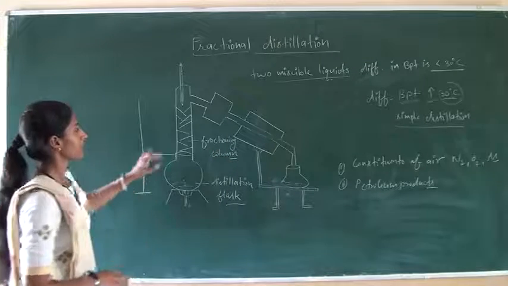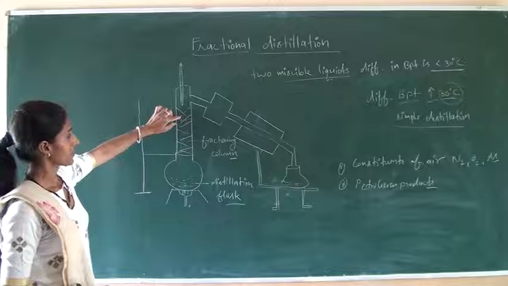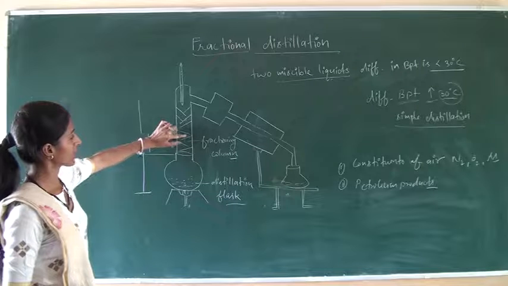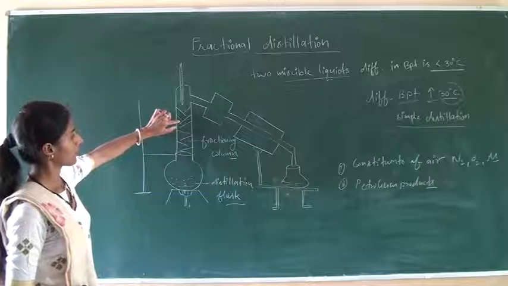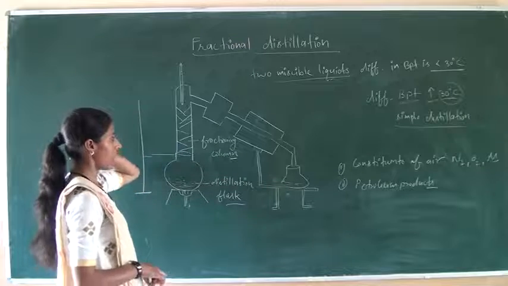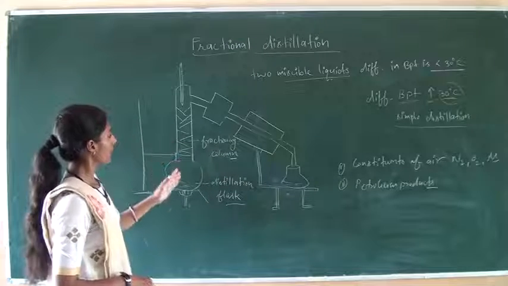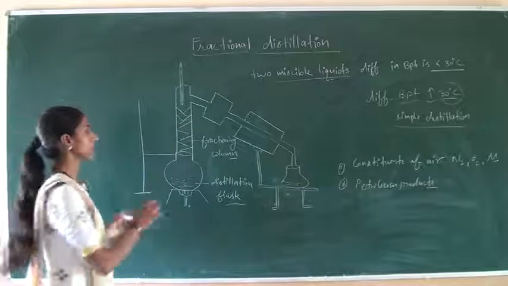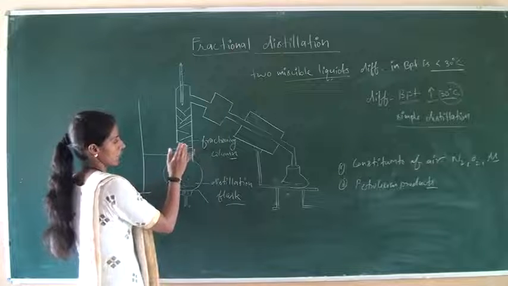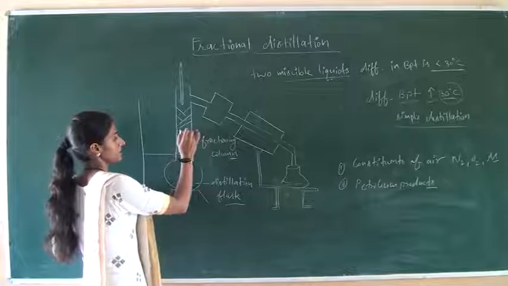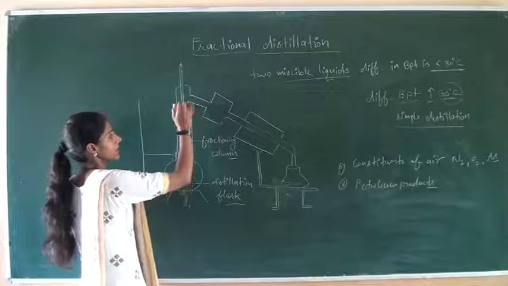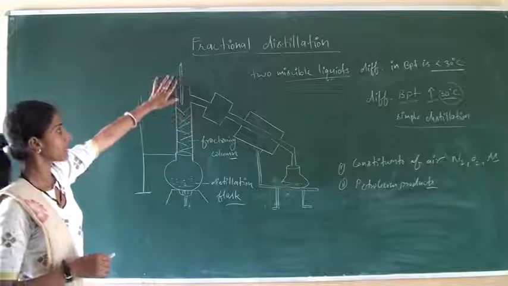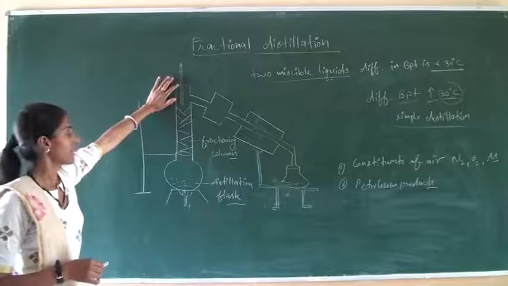The fractionating column is a column in which there are gaps in this tube which do not let the vapors pass through so fast. It means it does not pass the vapors so fast because there are many obstacles present in between this fractionating column. And this is the thermometer which records the temperature.